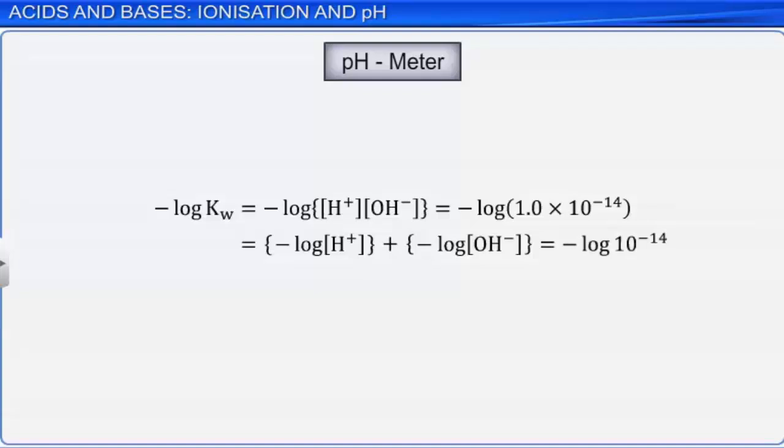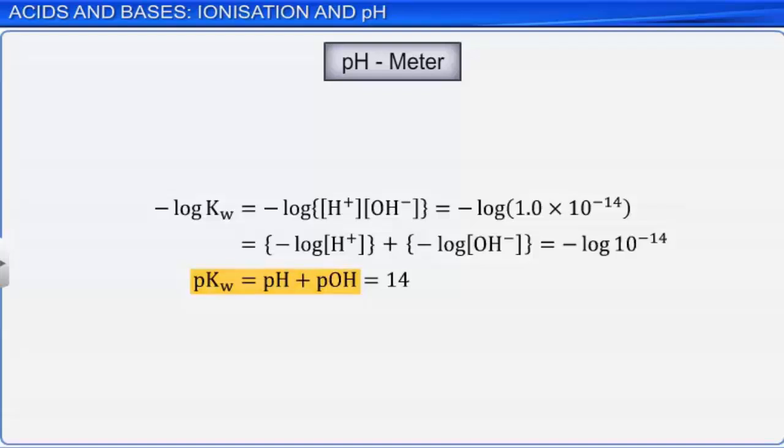As negative log of Kw is equal to pKw, negative log of H plus ion is equal to pH, and negative log of OH minus ion concentration is equal to pOH. Thus, the ionic product of water at 298 Kelvin, pKw, is equal to pH plus pOH, which is equal to 14.